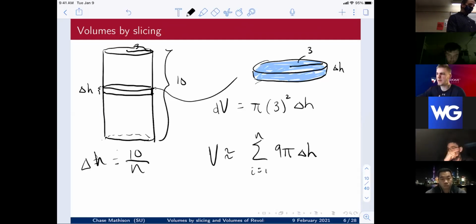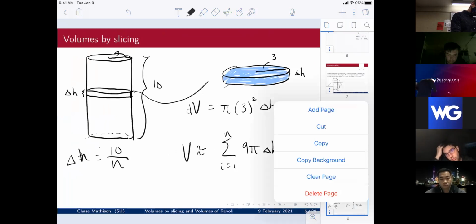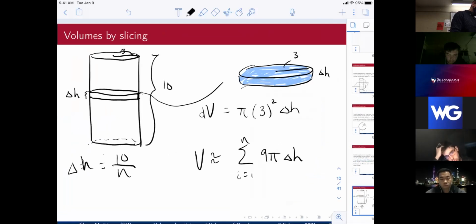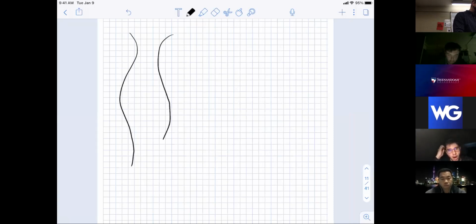In general, we're going to be looking at shapes that have non-constant cross sections, but they'll all be circles.